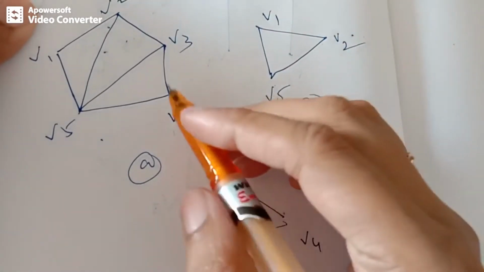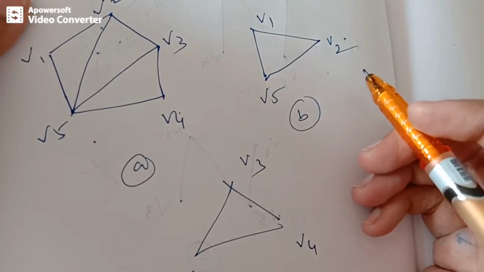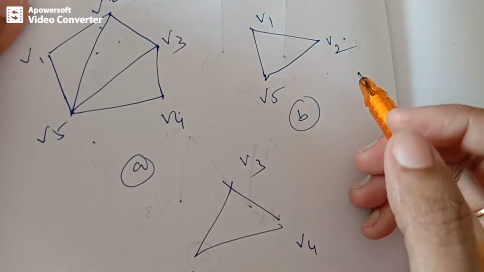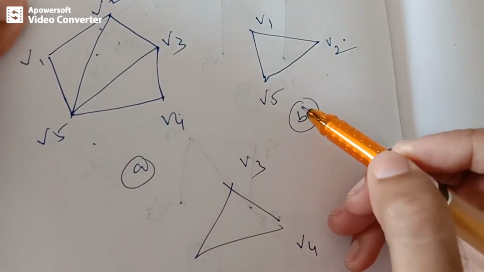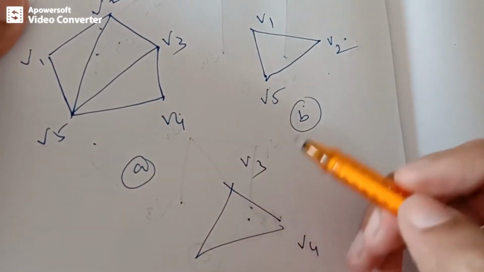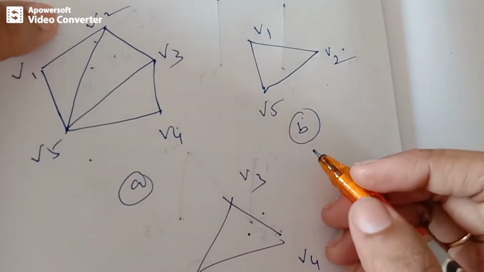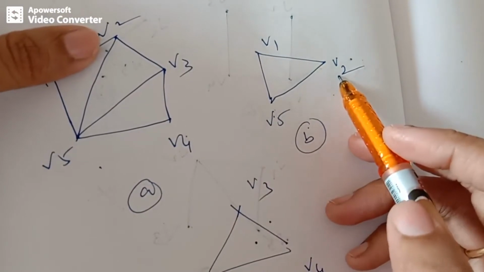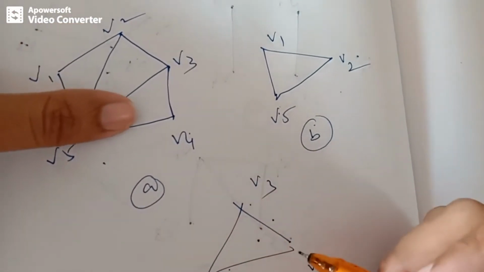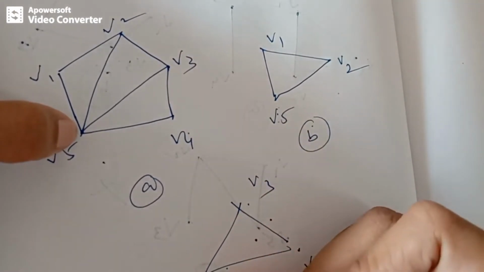Here there are 5 vertices. Here we have got 3 vertices. According to the concept of edge disjoint and vertex disjoint subgraphs, the graph G will be divided into two subgraphs, G1 and G2. And we have to decide whether these two graphs are edge disjoint or vertex disjoint. You can observe V1, V5, V2, and here we have got V5, V3 and V4. The vertex V5 repeats. It is a vertex.